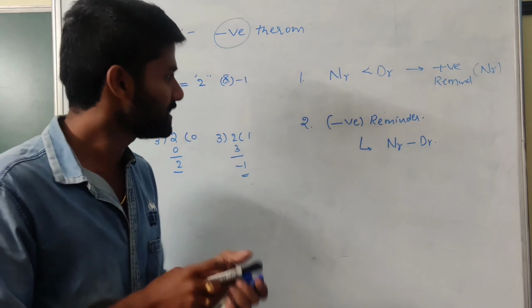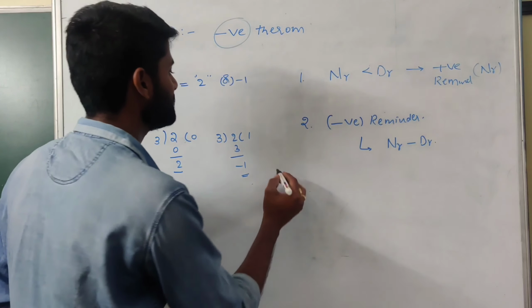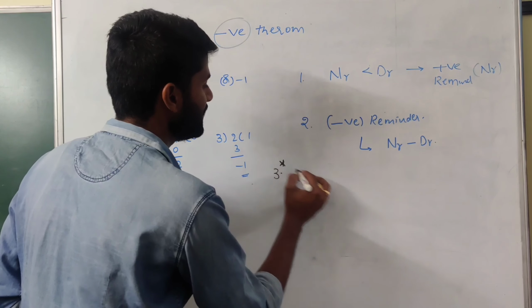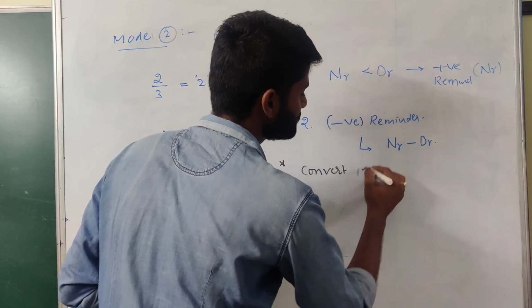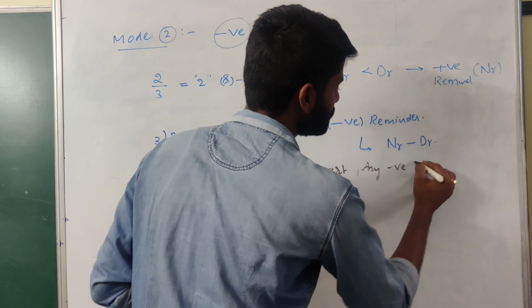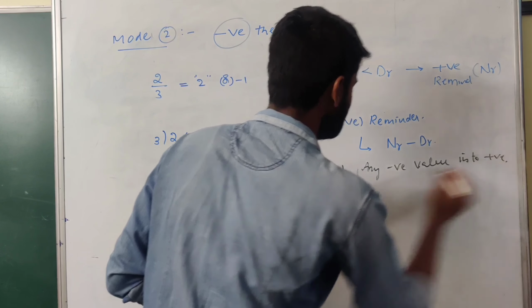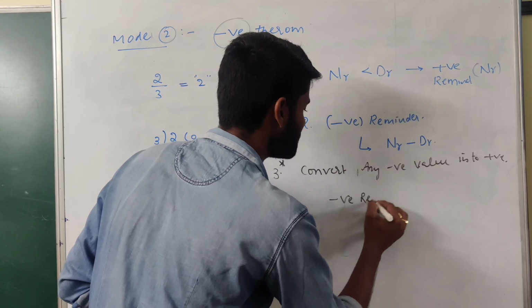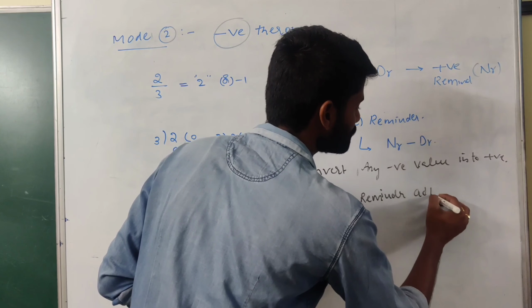But we have a doubt. We don't have any negative values in the remainders. That's why, an important point to remember: to convert any negative value into positive, whatever negative remainder we get is added to the denominator.